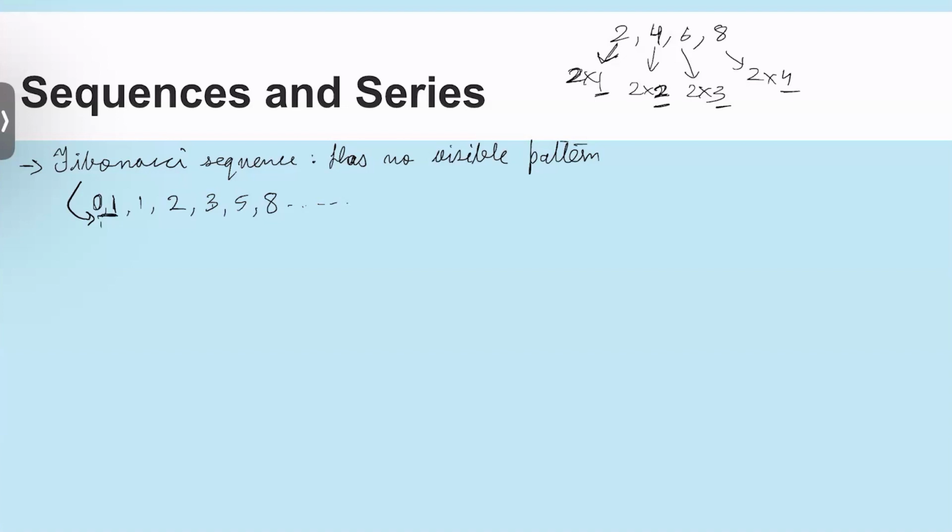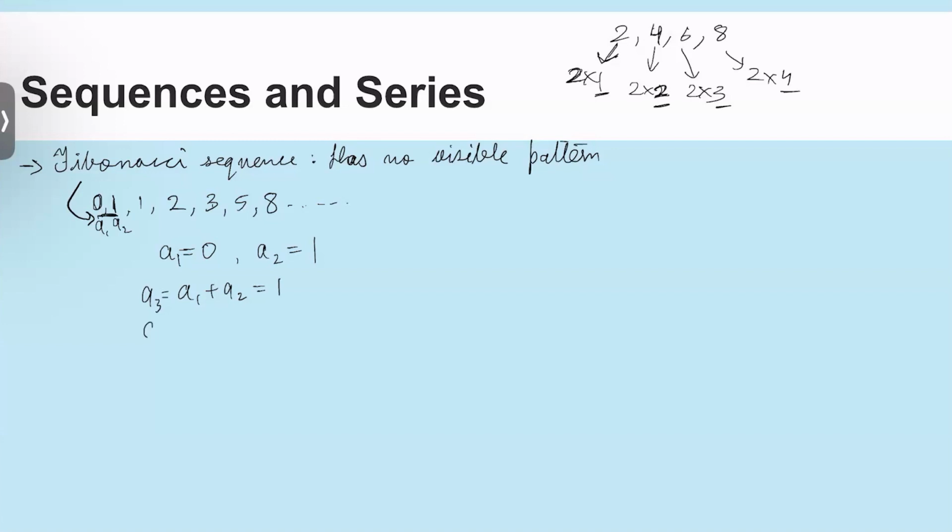Suppose this is your A1 and this is your A2. So your A1 is equal to 0, and your A2 is equal to 1. Suppose you are asked to make a sequence out of this. What you can do is add A1 and A2 to get A3. So this will be 1 again.